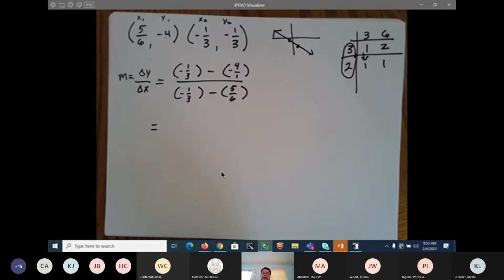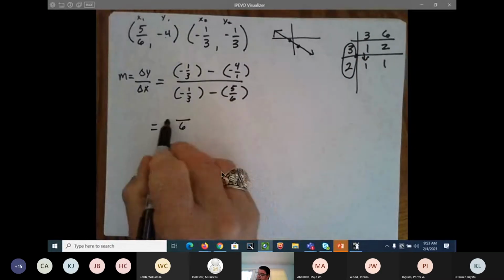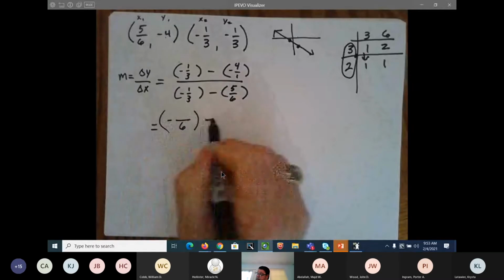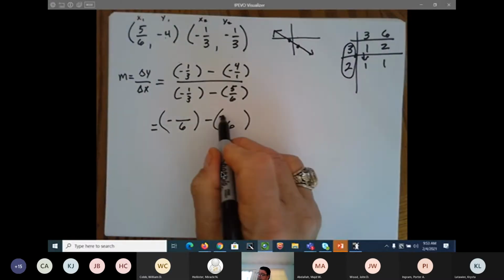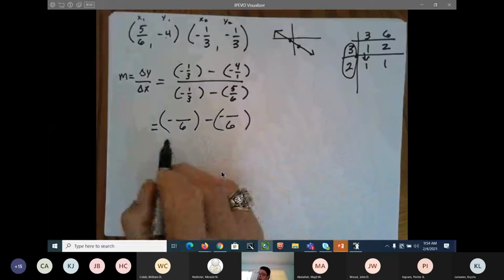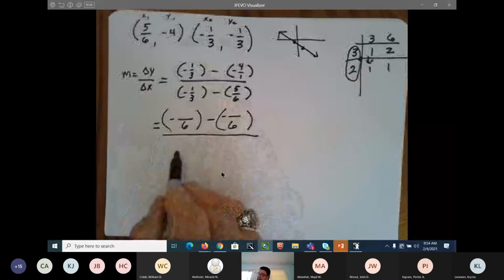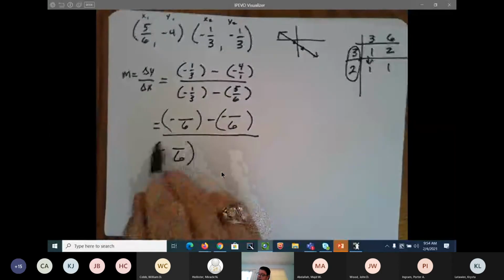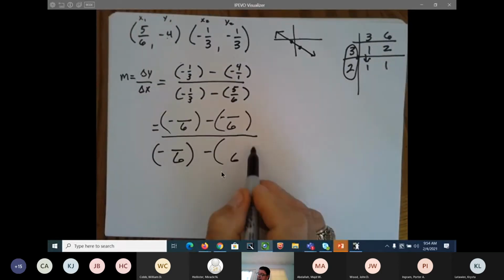So I'm going to change everything to a 6. So I'm going to put a 6 here with a negative, a 6 here with a negative, and let me make sure I'm doing all my negatives right. Yep. And a 6 here with a negative, and a 6 here with a positive.